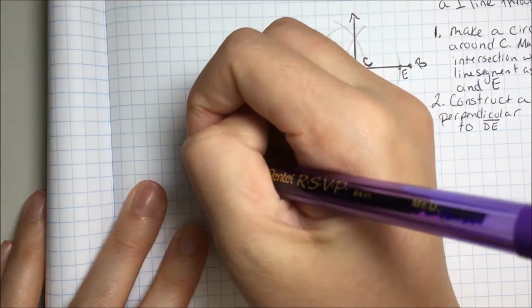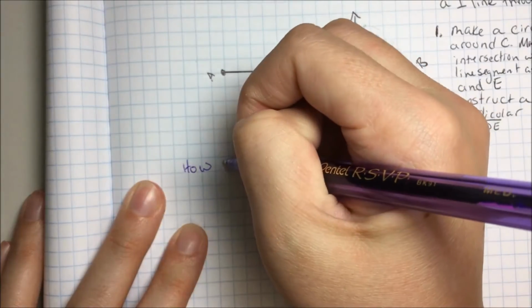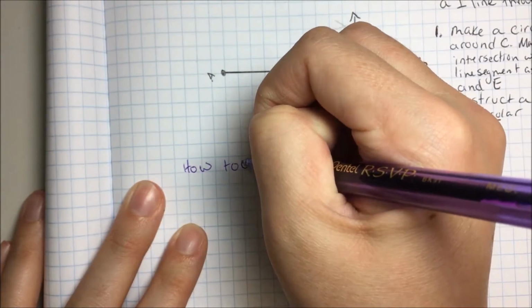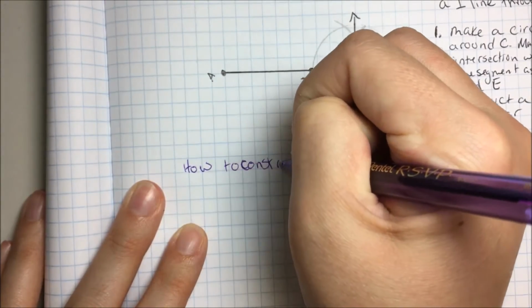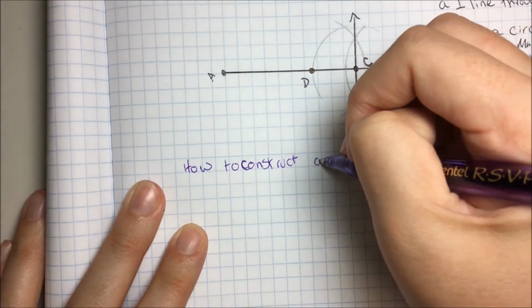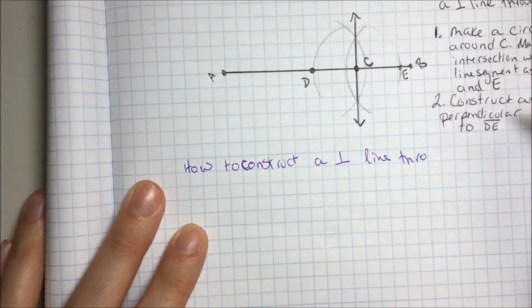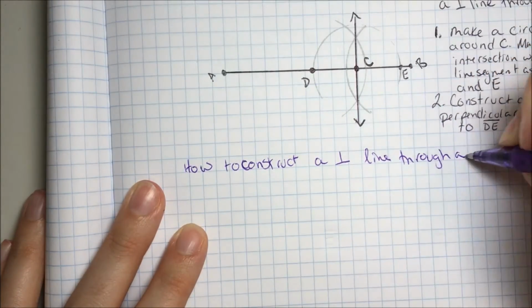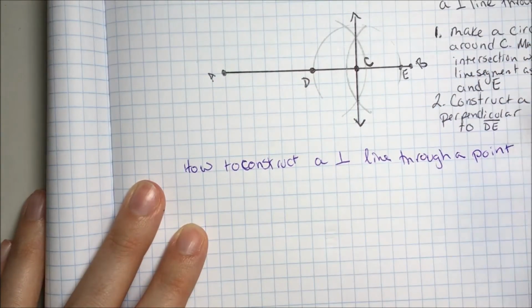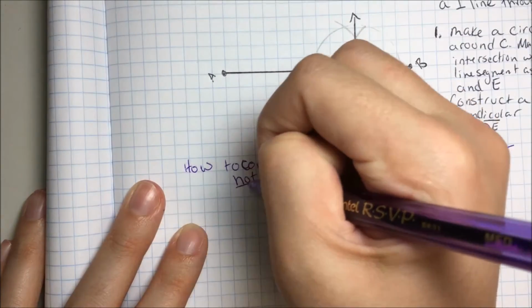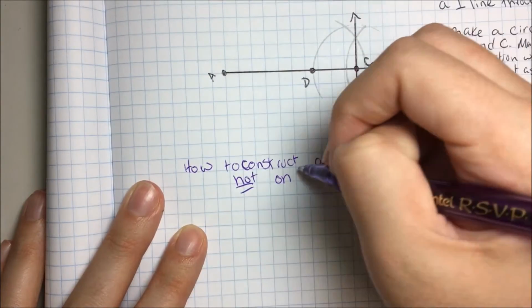Okay, so let's say we were going to construct a perpendicular line through a point not on the line.